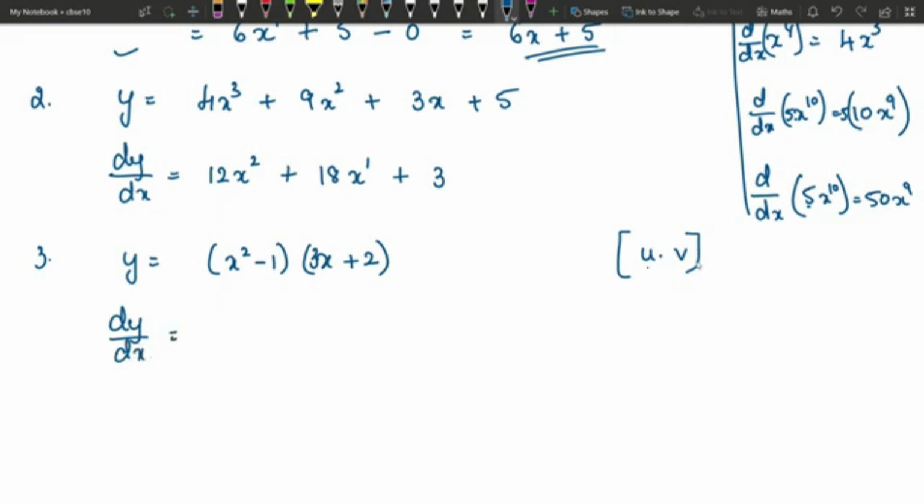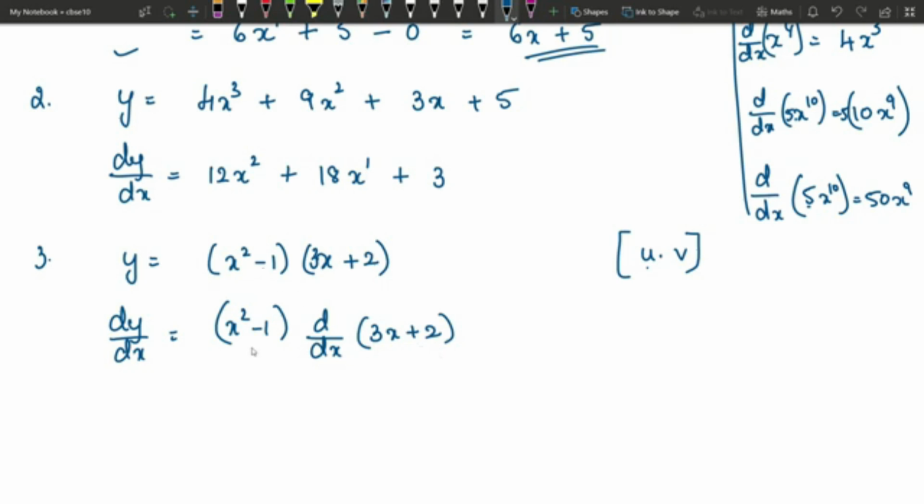First function into the differentiation of the second function, plus second function into the differentiation of the first function. So here I will write the first function, which is x square minus 1, into the derivative of the second function. Again, I am writing this additional step so that you will understand. In our next problem we will solve it without writing this additional step. dy by dx of 3x plus 2.